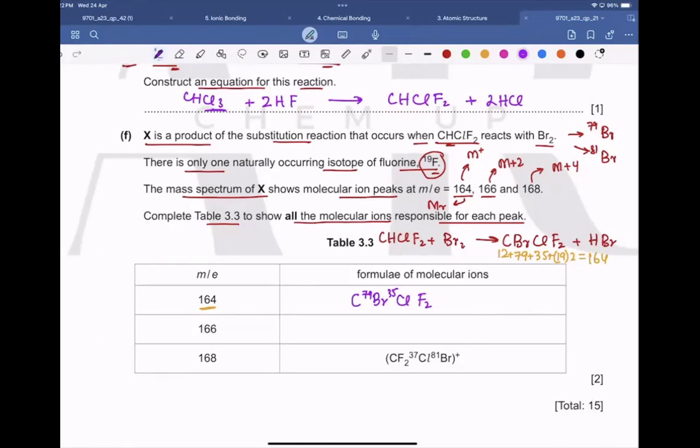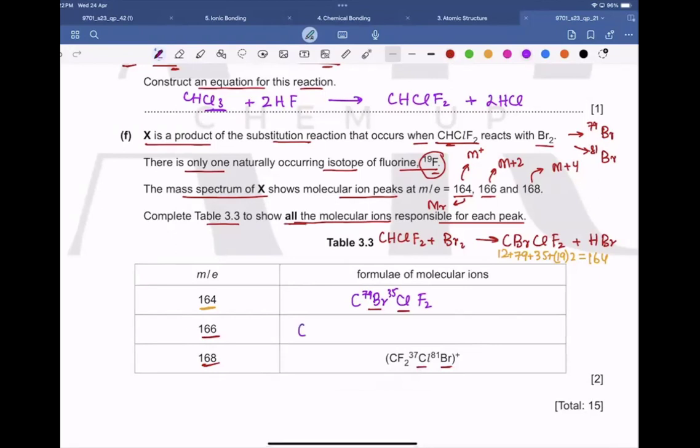Is this clear? Okay. Then they have asked you, if you see at 166 and 168, what they did is they increase bromine by 2 and they increase chlorine by 2, right? So if we just keep the chlorine same and just increase the mass of bromine by 2 units, there are two possibilities for 166.